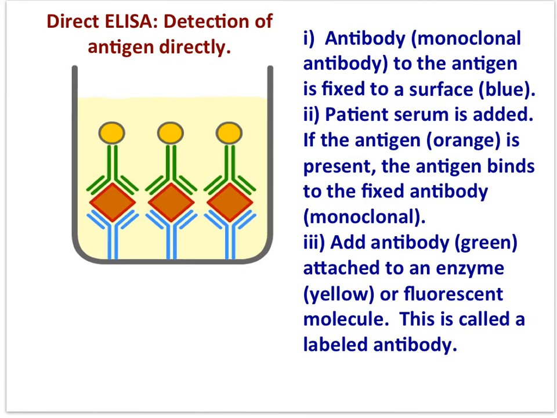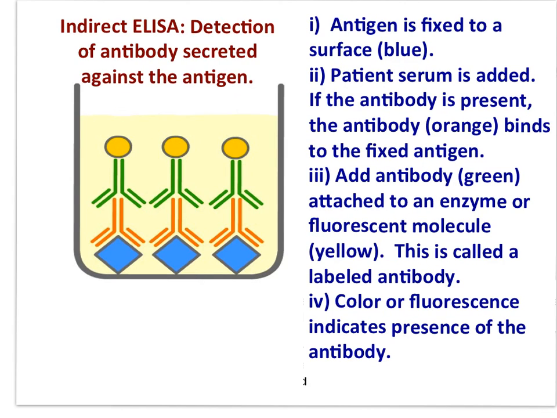substrate is added. If the blood is being tested for the antibody to the antigen, this is called an indirect ELISA test. Instead of a monoclonal antibody, the antigen itself, seen here as blue, is fixed to a surface. Blood serum is added, and if antibodies are present in the blood, seen here as orange, they bind to the fixed antigen.